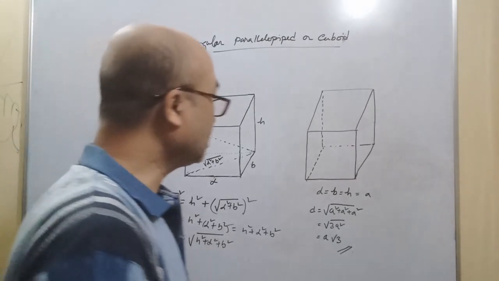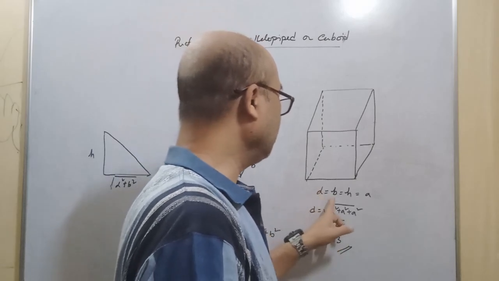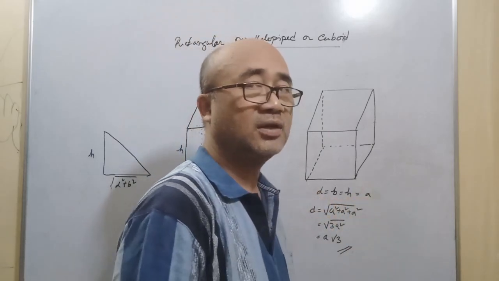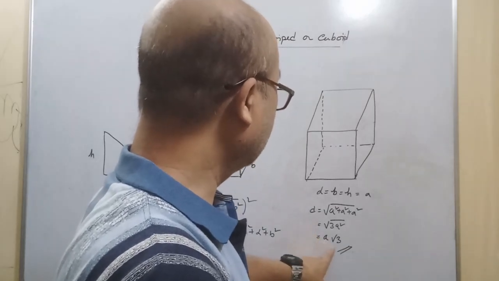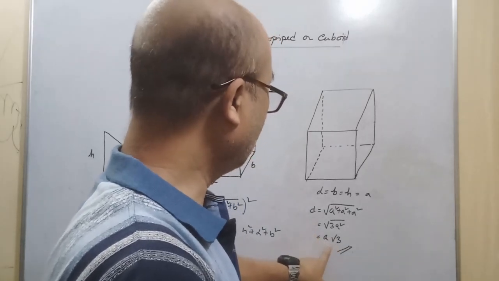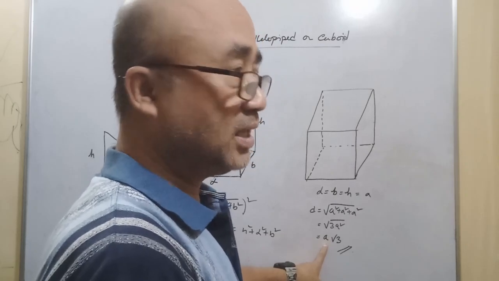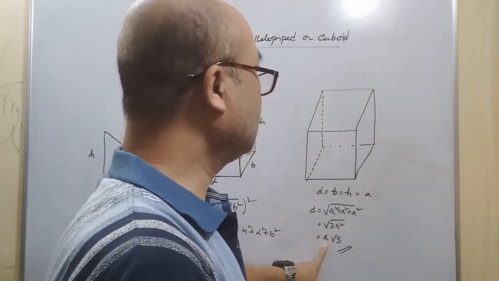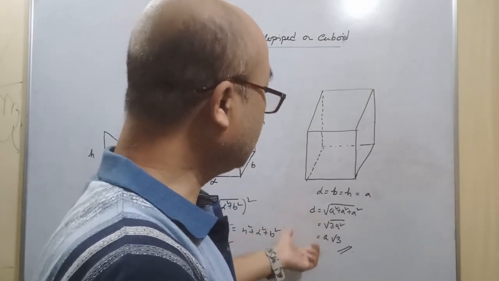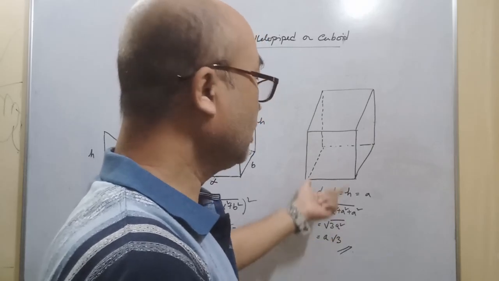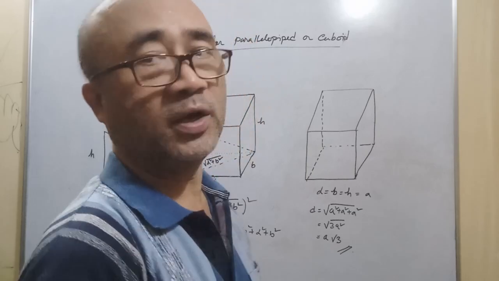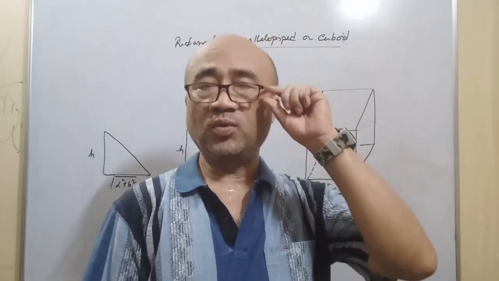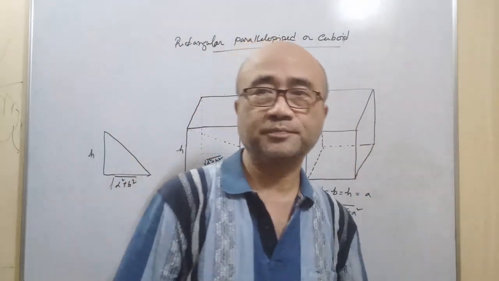And in case of a cube, because l, b and h are all equal, we have the formula a into square root of 3, where a is the length of any side of the cube, because a cube is a special case of a cuboid.